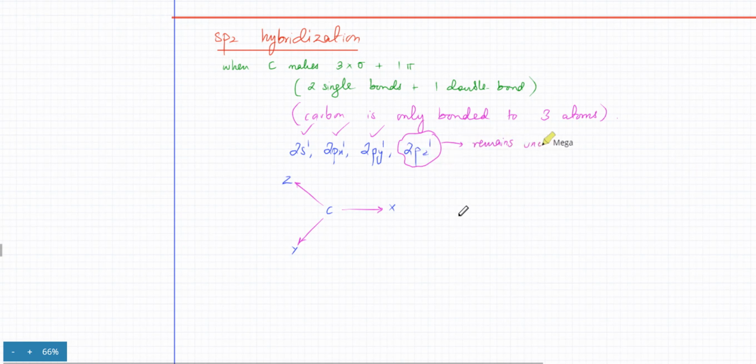Is this clear? So initially, one of the p orbitals, the pz orbital, remains completely unchanged. There's only one electron in it, in this area. But the rest of the 3 orbitals get stretched in different directions. One goes towards x, one goes towards y, one goes towards z. Clear?